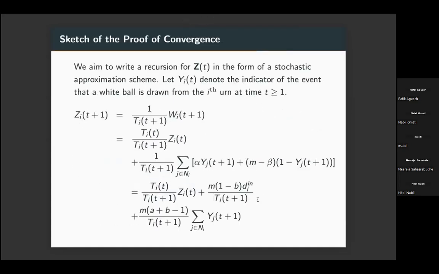So the main idea of the proof is to write down a recursion for the number of white balls in urn i at time t plus 1. Okay, so that one can do by just writing this Z_i at t plus 1 is just the number of white balls at time t plus 1 divided by the total number of balls, which is nothing but the number of white balls at time t plus whatever you are adding, right?